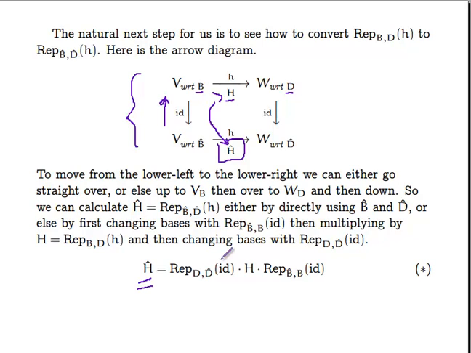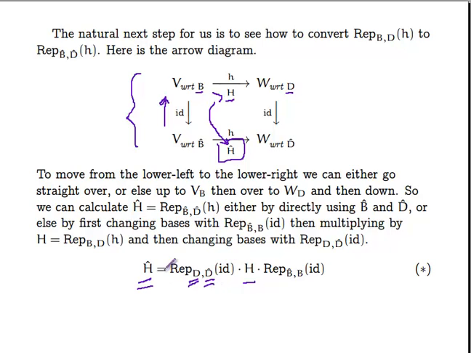Okay. First, we have multiplication by Rep B hat, B of the identity. That takes us from here to here. Now we're choosing B hat as our domain basis, B as our codomain basis. Then to go from here to here, we multiply by H. Then to go from here to here, we multiply by the representation of the identity with respect to domain basis B, D and codomain basis D hat.